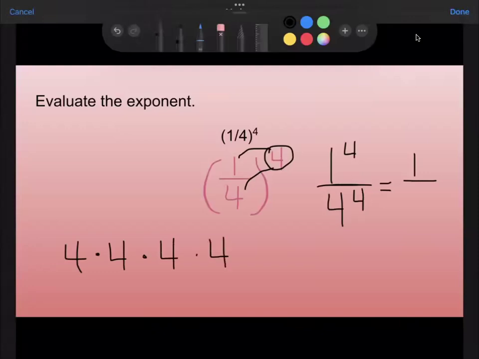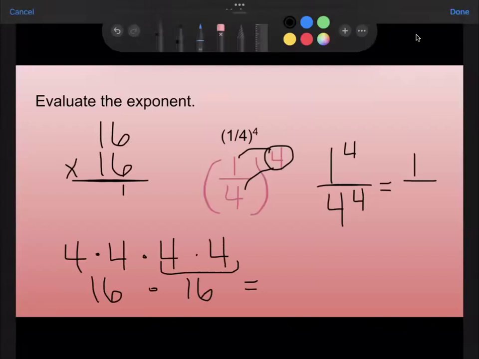Well, I know 4 times 4 is 16. So those two are 16, and these two are 16. For my final answer, I just need to multiply 16 times 16. Since I can't really do that in my head either, I'm going to come over here and do that. 6 times 6 is 36. 1 times 6 is 6, plus 3 is 9.